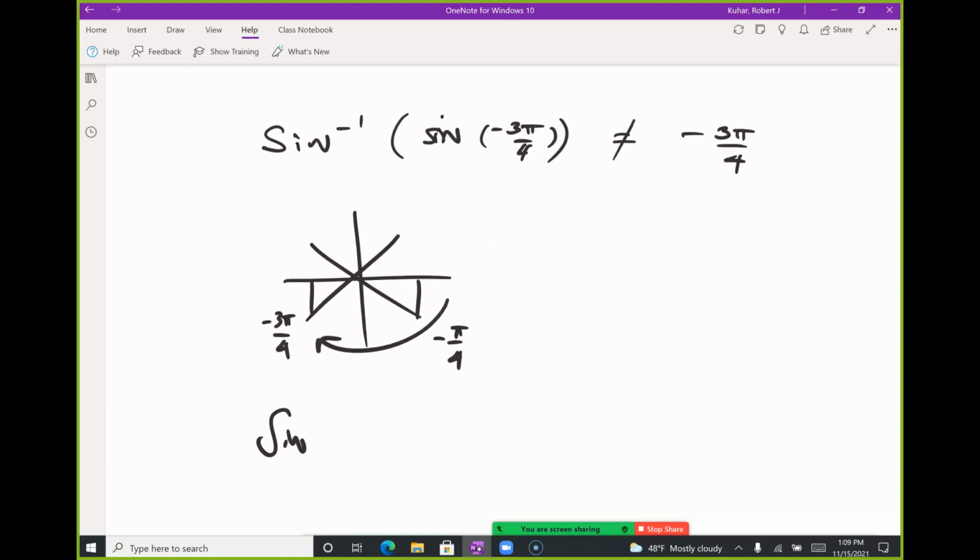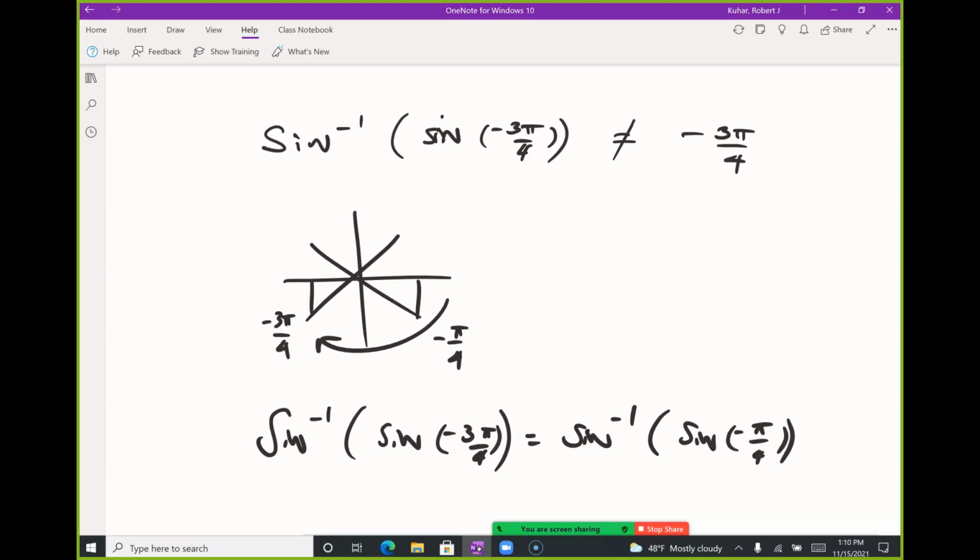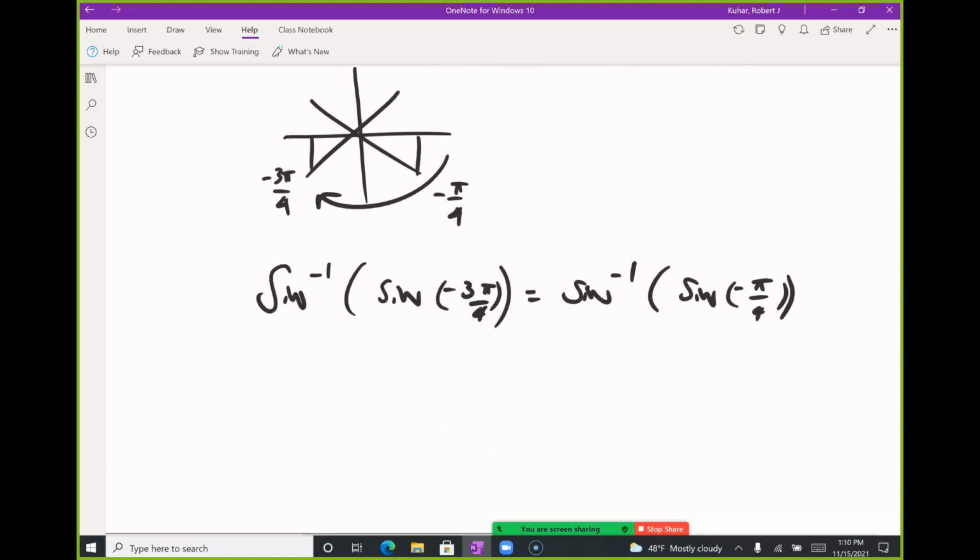So inverse sine of the sine of minus 3 pi over 4 will have the same result as the inverse sine of the sine of minus pi over 4. Now my functions cancel each other because I'm inside of the right quadrant. So I get a minus pi over 4.